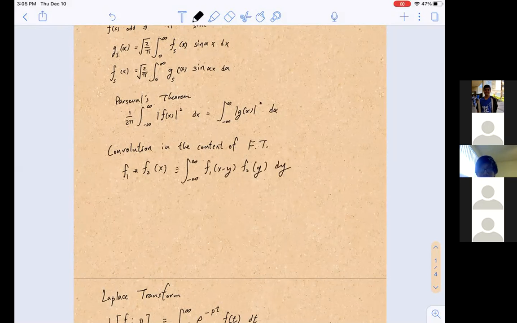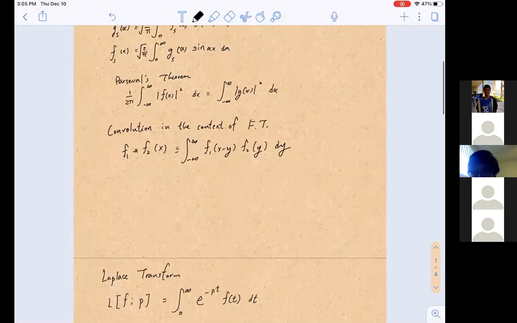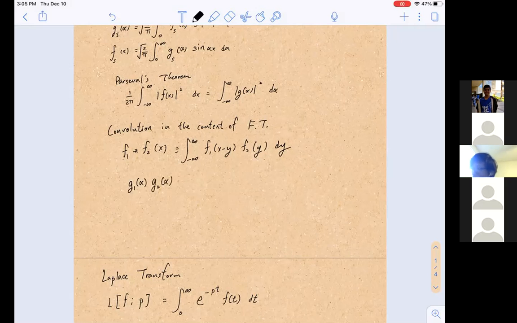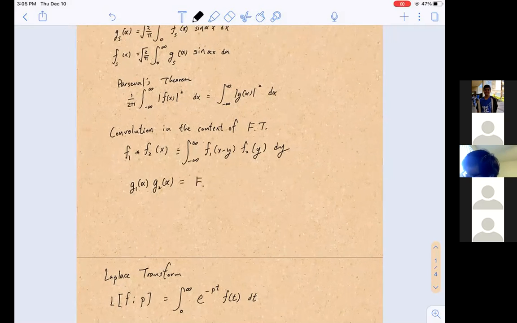So that's also convolution. The nice thing about convolution is that G1 alpha times G2 alpha, the product of the individual Fourier transforms of F1 and F2, is the Fourier transform of the convolution.